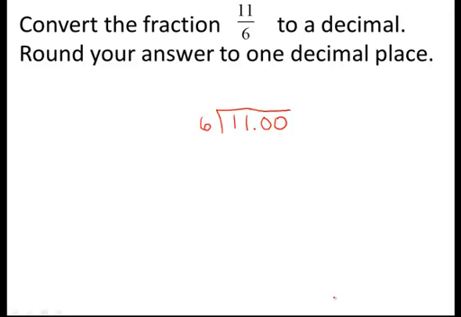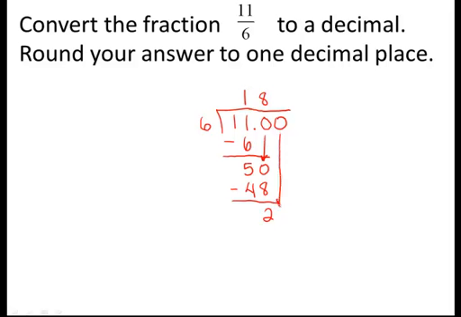6 divides into the 11 once. 6 times 1 is 6. 11 minus 6 is 5. I bring down a 0. 6 goes into 50 8 times. 6 times 8 is 48. 50 subtract 48 is 2.